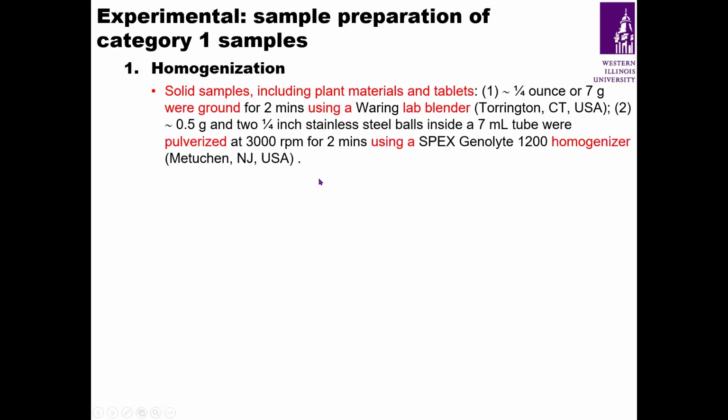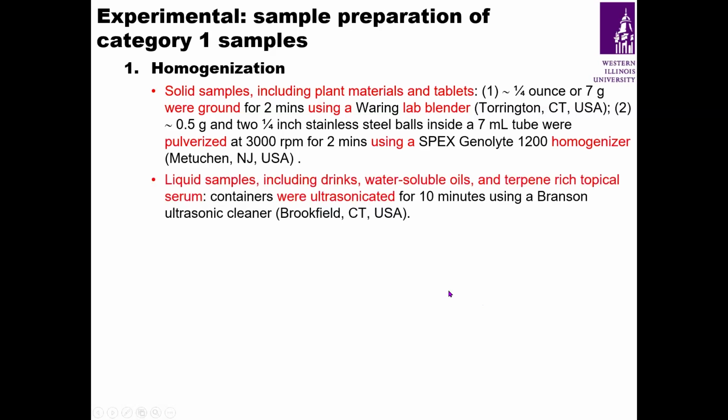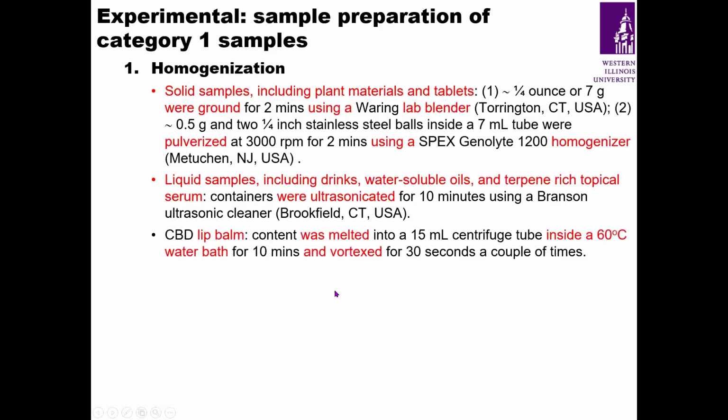Homogenization. Solid samples, including plant materials and tablets, were ground using a lab blender and then pulverized using a homogenizer first. Liquid samples, including drinks, water-soluble oils, and terpene-rich topical serum, were ultrasonicated, the whole package.